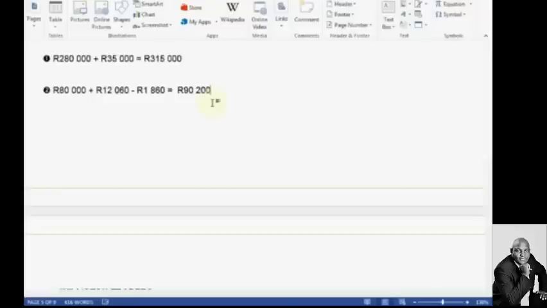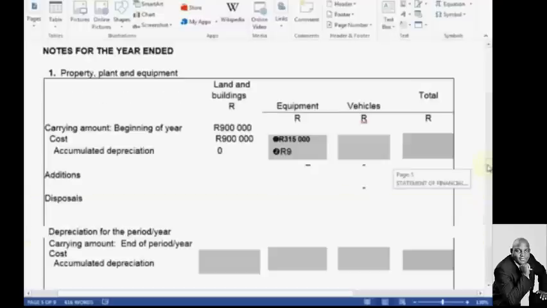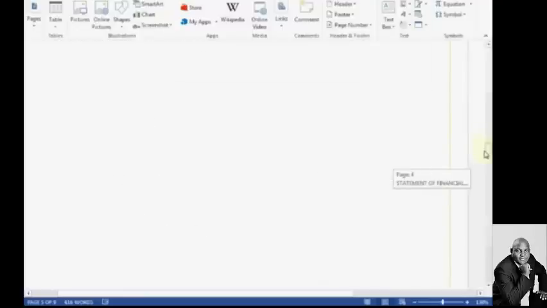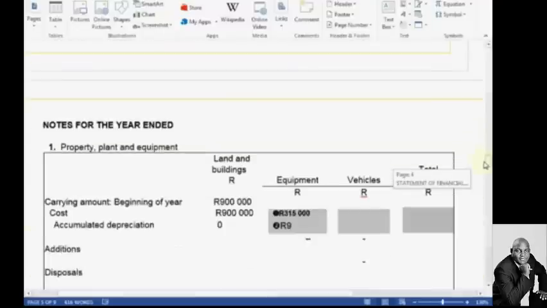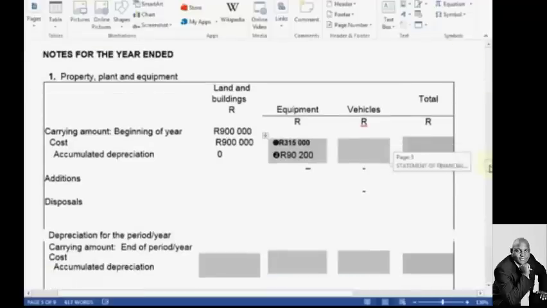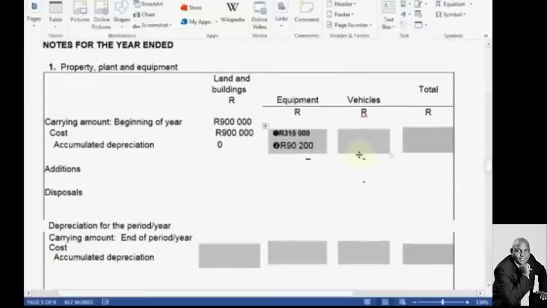And the 1,860 is what our equipment depreciated to during the year. What we're trying to determine now is the depreciation at the beginning of the year. That's why I'm subtracting it. Hopefully that makes sense. So it's 90,200.